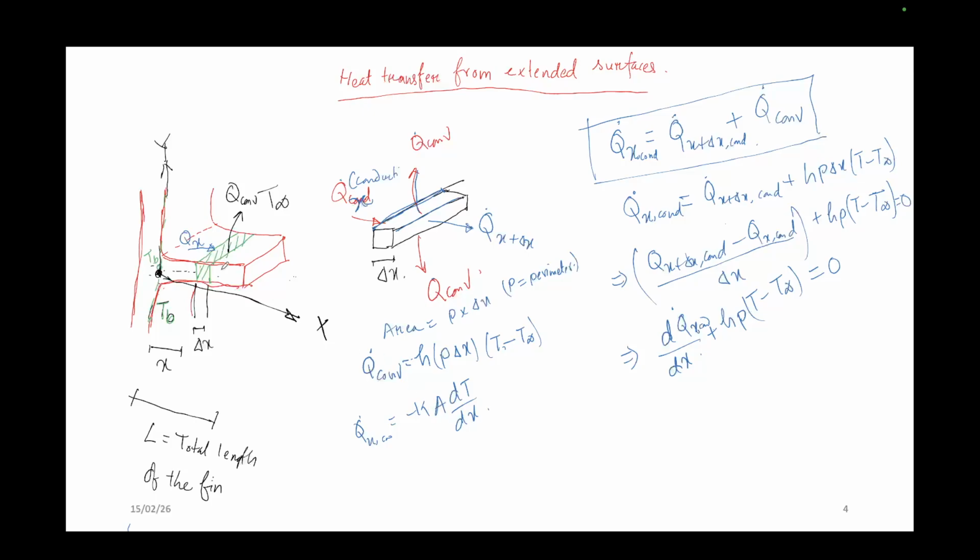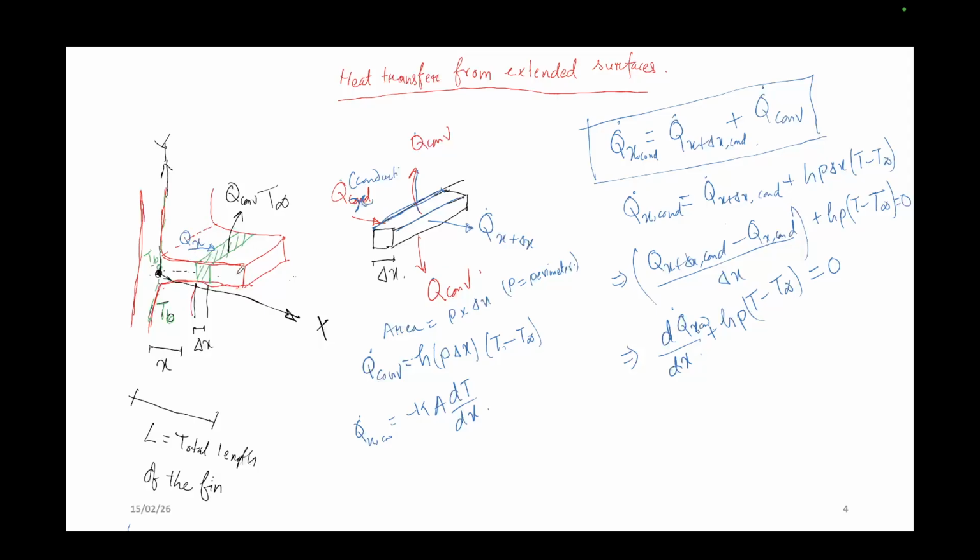Perimeter, or more precisely I can say, see, why I have written this perimeter, because in case of convection it is on the top surface, that's why I have written it as perimeter. My purpose is to form this thing del x, so that's why I have written it as P. It's for understanding purpose.